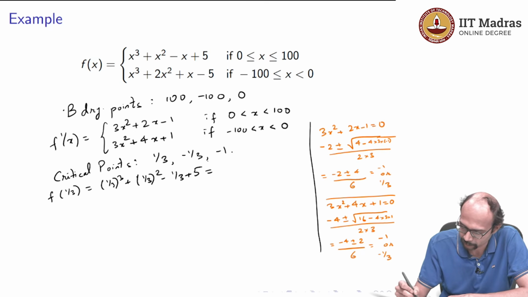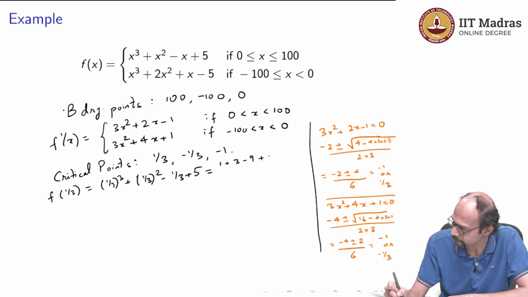That is 1 by 27 plus 1 by 9 minus 1/3 plus 5. So that is 1 plus 3 minus 9 plus 5 times 27, that is 135, by 27.